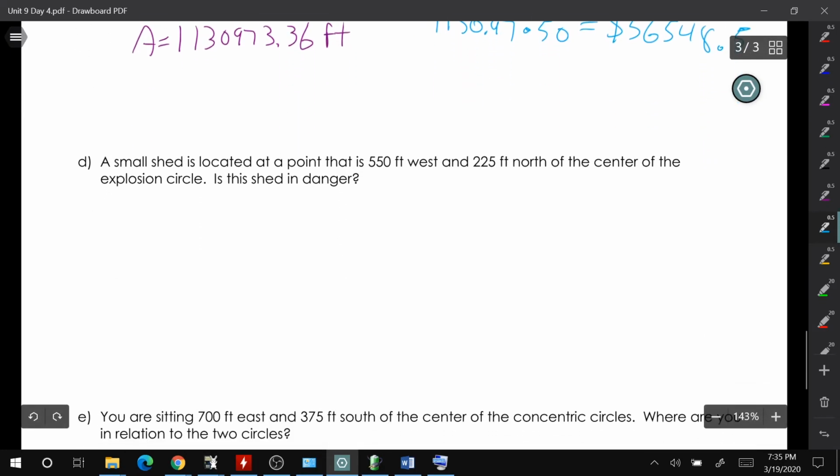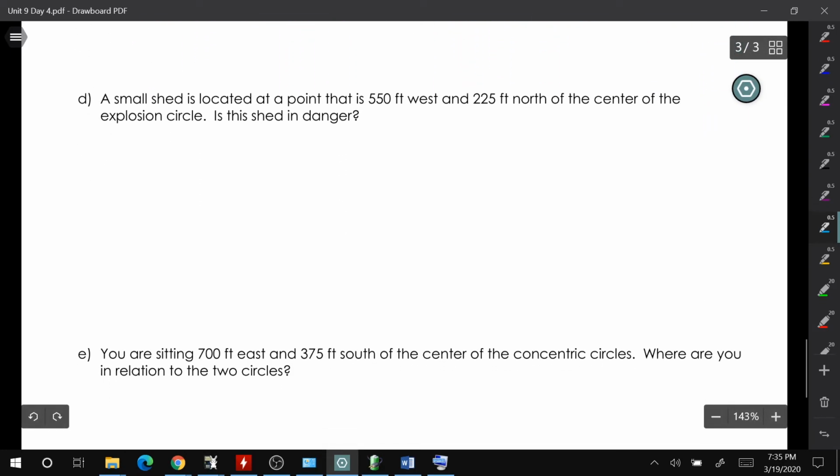Now, letter D: a small shed is located at a point that is 550 feet west and 225 feet north of the center of the explosion circle. Is the shed in danger? So we've got to figure out how to deal with these distances. If we look at a compass, we have north, east, south, and west.